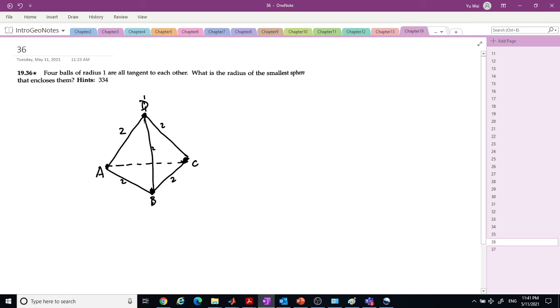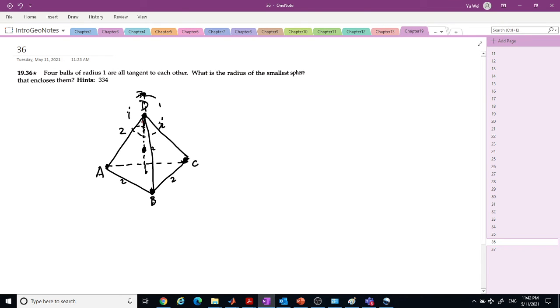So the smallest sphere is just touching all the points. So like we are touching this point, right? There is a ball here. There is a ball here, right? We want to find it. Okay, so where do we find the center point, right? So we can make it touching, right? So we can see.